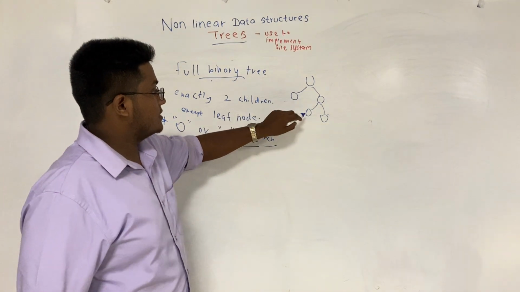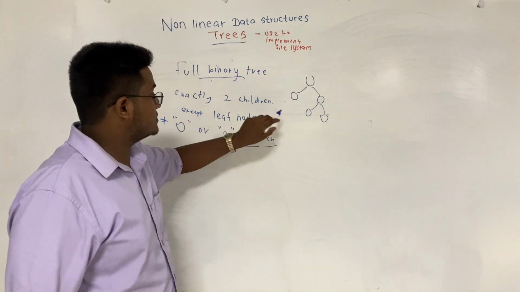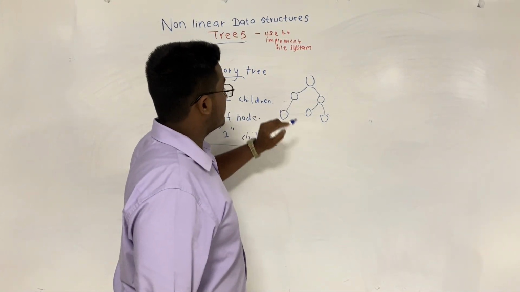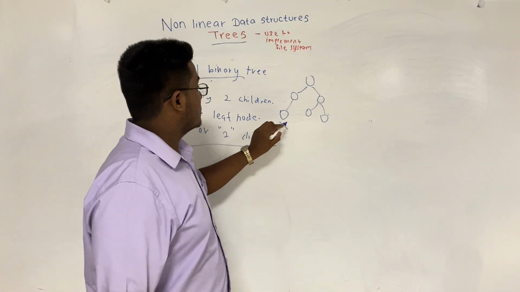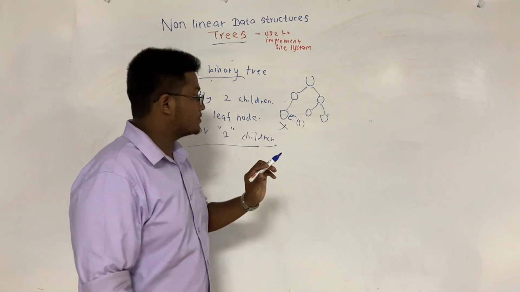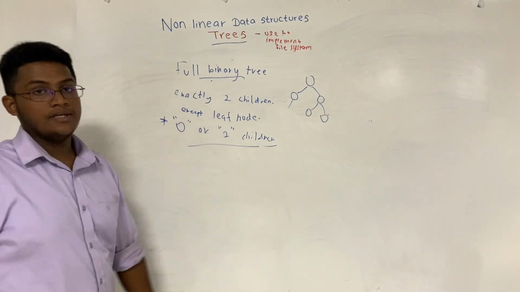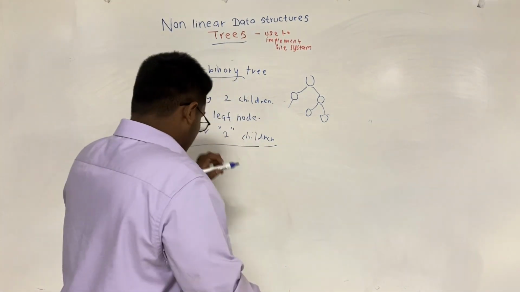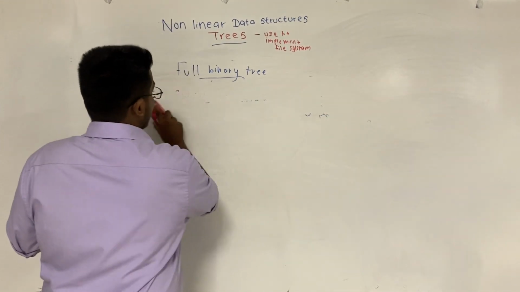Exactly two children, and it is possible there are no children, 0 or 2, right? So is this a full binary tree? No, because this contains one. This is wrong, right? This is not a full binary tree. So this is the simple idea of full binary. And now we will move on with the complete binary.